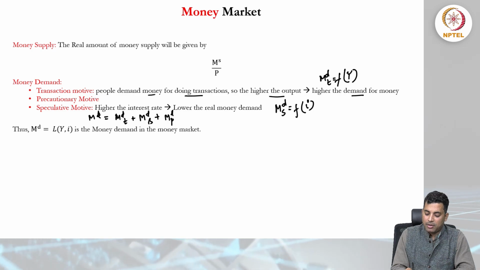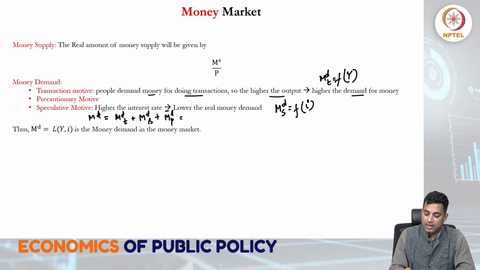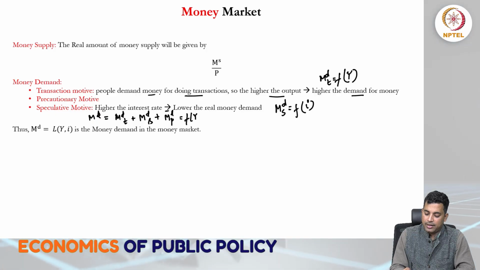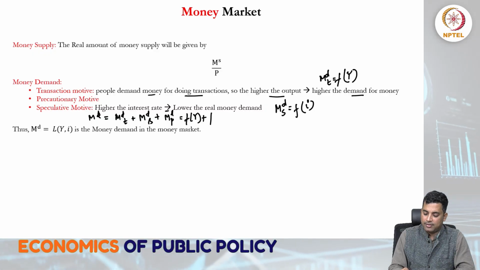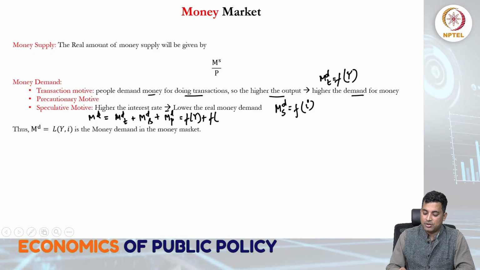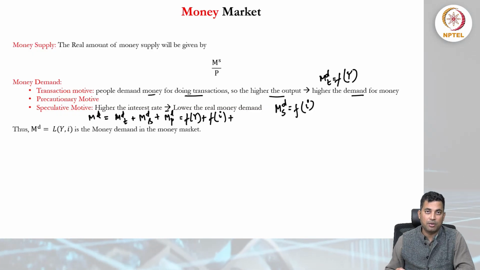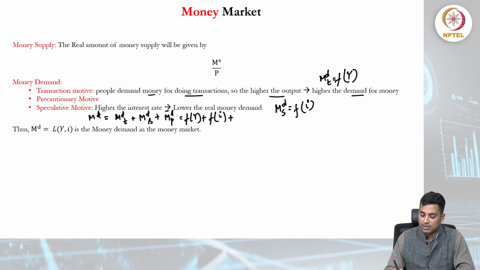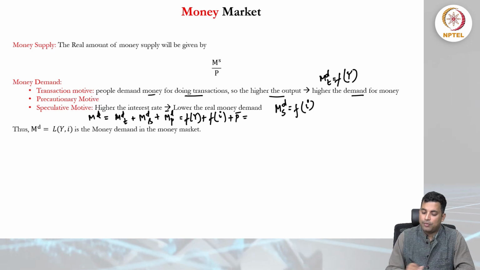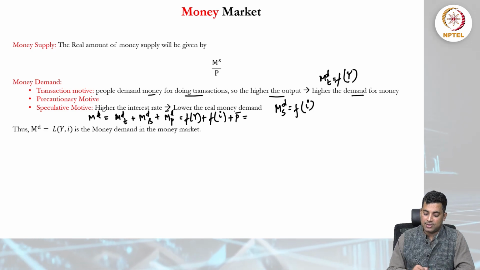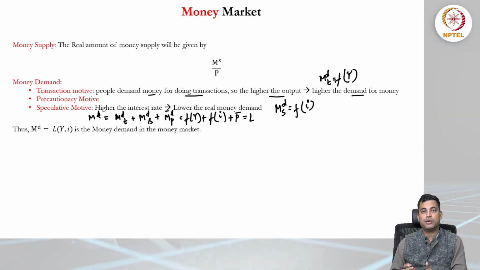Precautionary demand for money is fixed, and transaction demand for money is a function of income. Just for simplicity, speculative demand for money is a function of I, and precautionary demand for money, which does not depend on the market or on the transactions, let's say is constant.